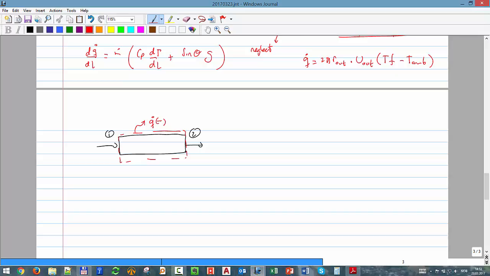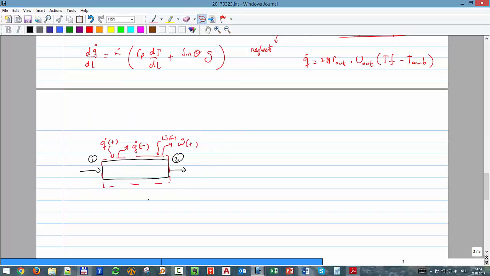When Q is coming in, it's positive, and when work or power is coming out, it's positive, and when it's coming in, it's negative, right? Remember that from your studies when they were teaching it. So in that case we have to change the sign, because that gives us that heat is coming out of the system, and here it gives a positive number, so we have to put a minus in front.